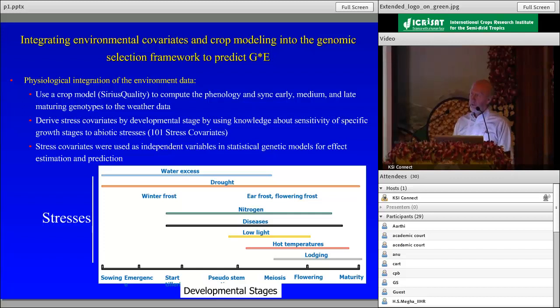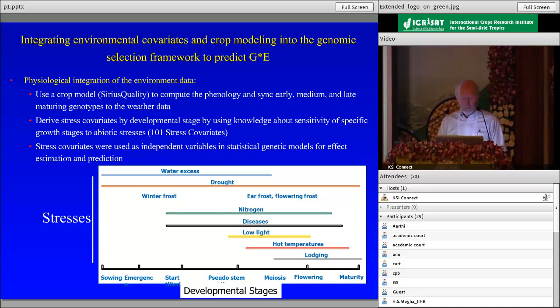And the first thing you have to do when you're using a crop model is you have to synchronize the maturity of the lines or the varieties that you have in your trial with the weather by calendar date, so that your developmental stages can be linked up at the appropriate time with each of the environmental covariates that you're using.